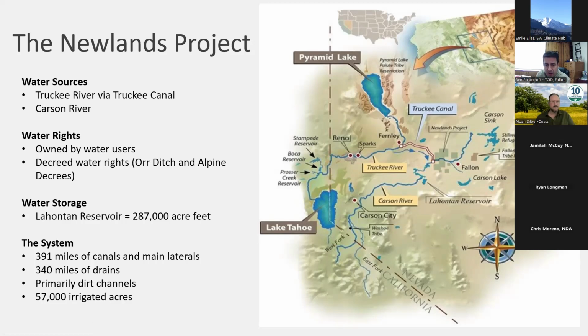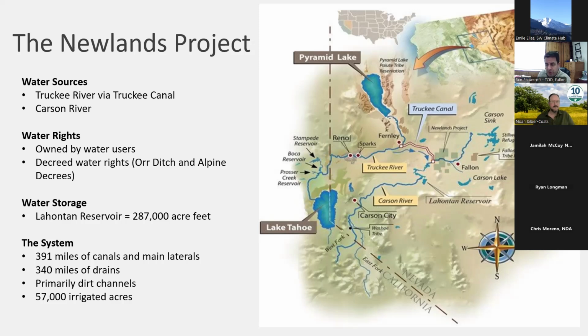Now, of course, that created some issues back in the day when we were taking probably more than we needed to, and that caused some pretty significant harm to the Pyramid Lake, dropped the level of that lake significantly, was a bit of a natural, an environmental harm that was happening there.